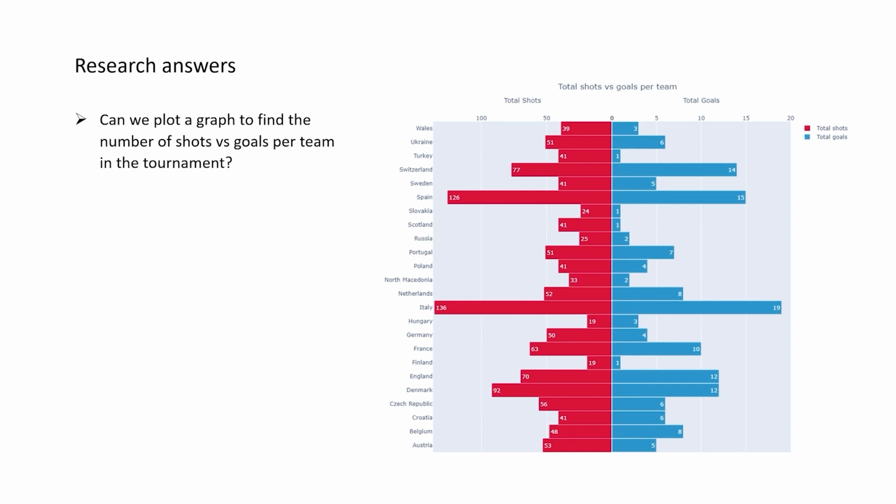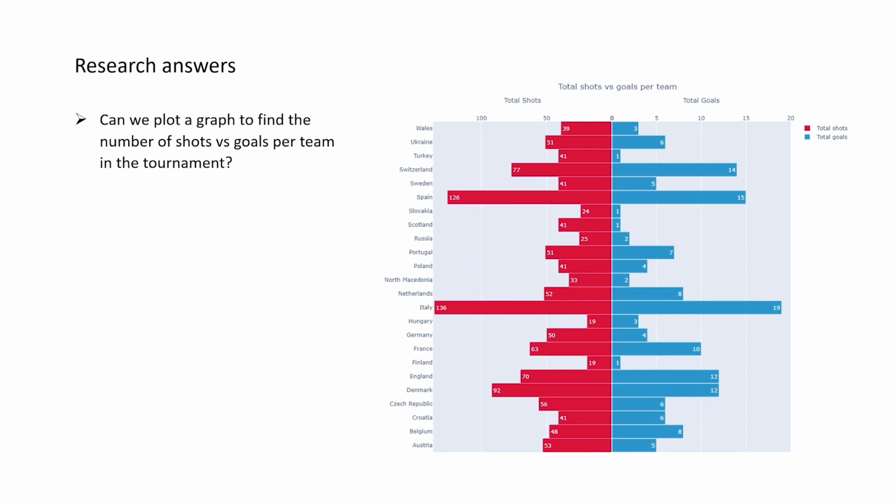Here is a bidirectional bar chart to answer our first question. But before going into details about the chart, let me tell you some information about the tournament. Italy, Spain, England, and Denmark were the semi-finalists. If we compare the semi-finalists in the tournament, we can observe that Italy led the chart with 136 shots in total, out of which they were able to score 19 goals.